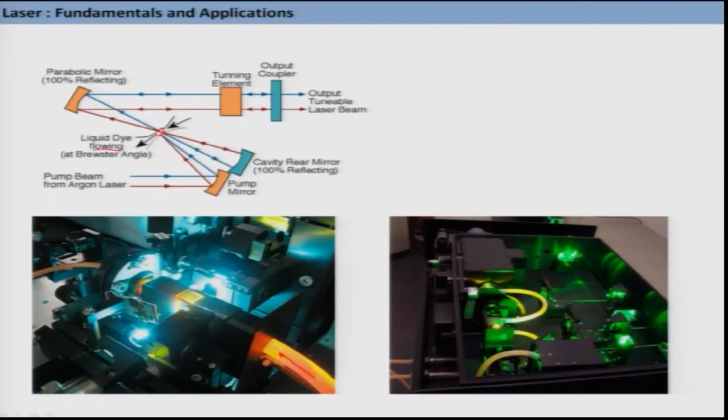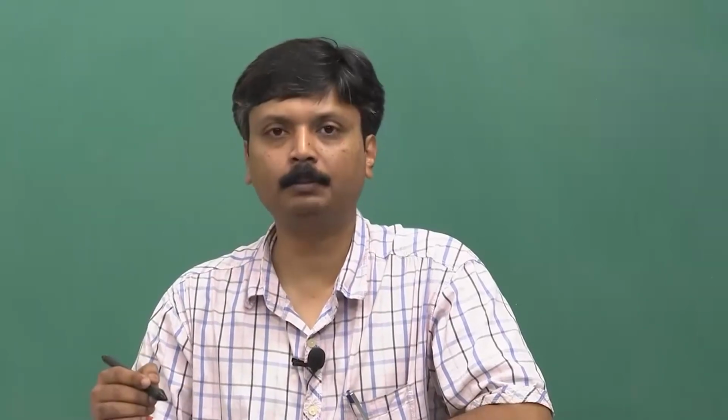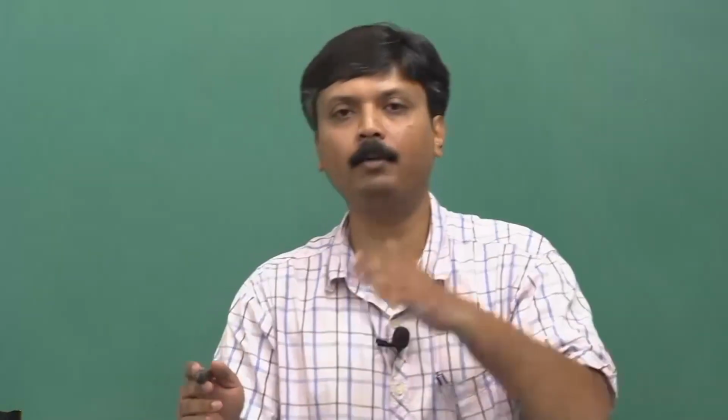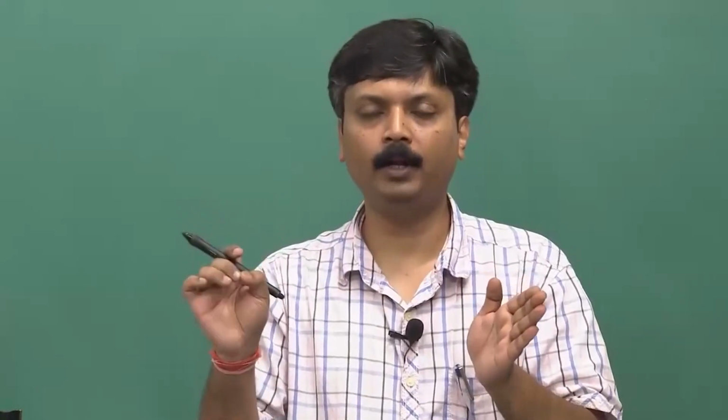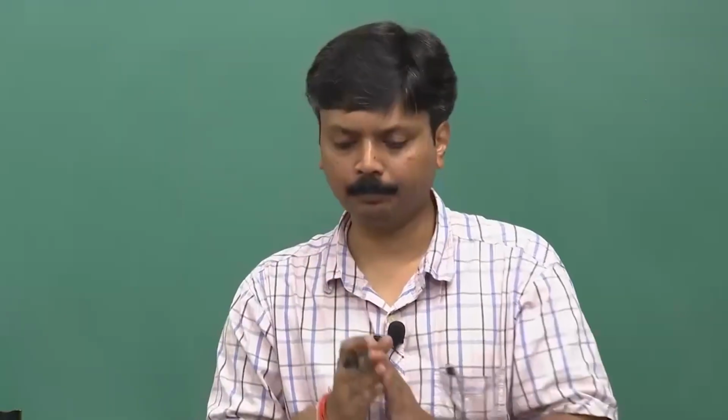You can use a grating to select the particular output that you want, because this fluorescence spectrum is quite broad, and you would like a narrow band light coming out of your laser, and also you want it tunable. With a grating, you can select a particular wavelength out of the spectral window that your dye gives, and get a narrow band but tunable laser.